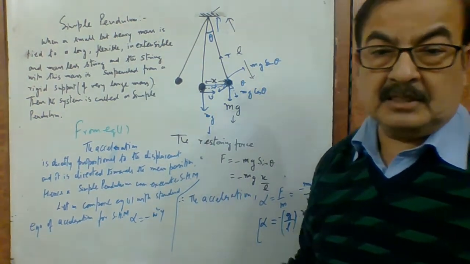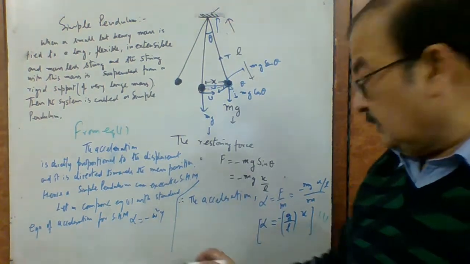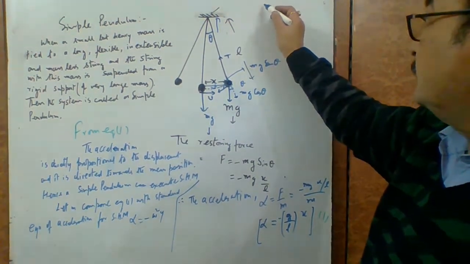Y is just the displacement, just like x displacement. Therefore, omega square must be equal to this much. That I am doing here.